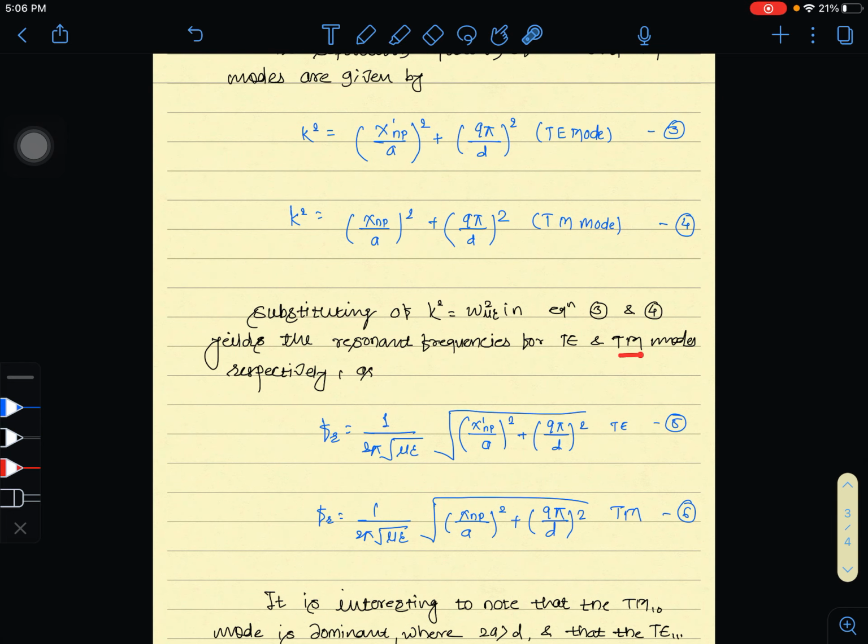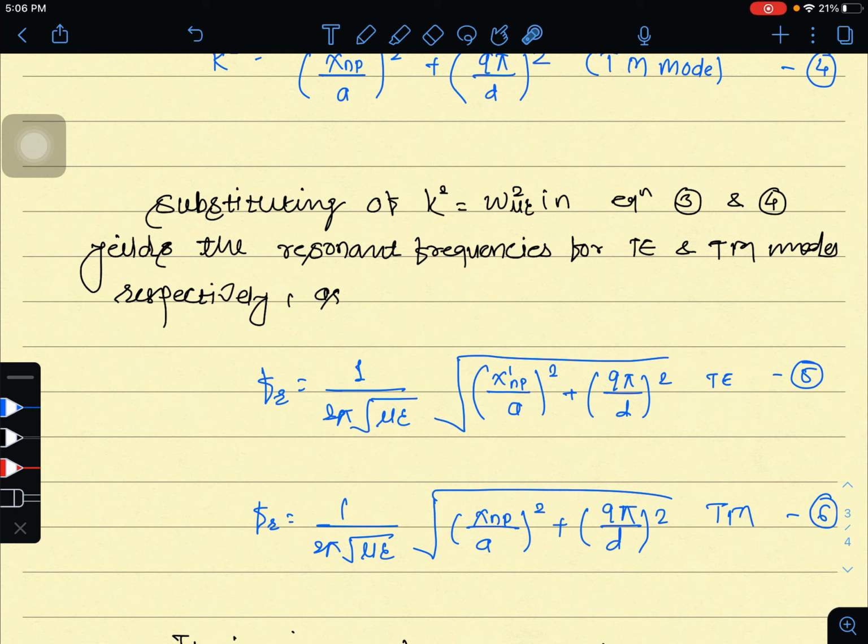Similarly, the resonant frequency for equation number 4, when we put the value of k square equal to omega square mu epsilon, what we get is f r equal to 1 divided by 2 pi root of mu epsilon into the root of (x np by a) square plus (q pi by d) square, for TM.